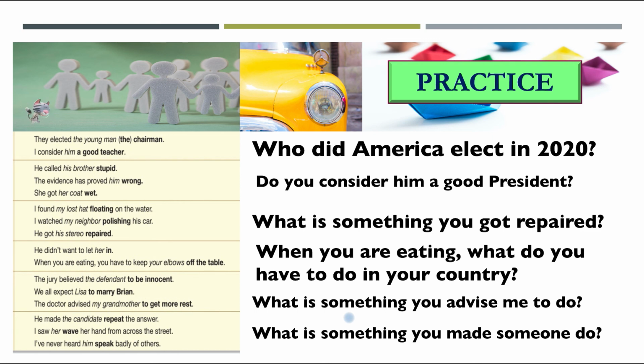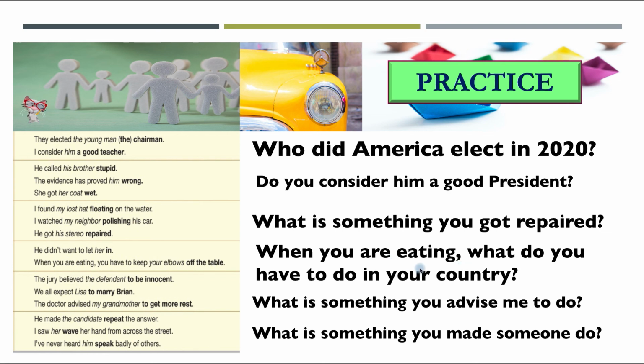I consider him... I don't know. Yeah, we don't know yet. Too early to say. Too soon. What is something you got repaired? Recently, I got my shoes repaired. Oh, very good. Yeah, I got my phone repaired.